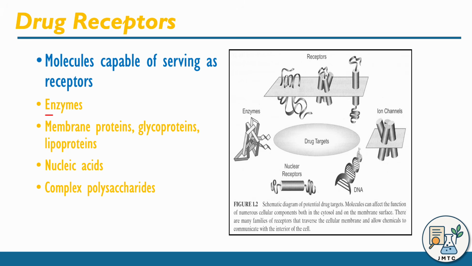Your enzymes, sabi natin sa biochem natin, enzymes are proteins. Of course, membrane proteins, glycoproteins, and lipoproteins that we see attached sa ating cell membrane. Nucleic acids can also be drug receptors and complex polysaccharides.